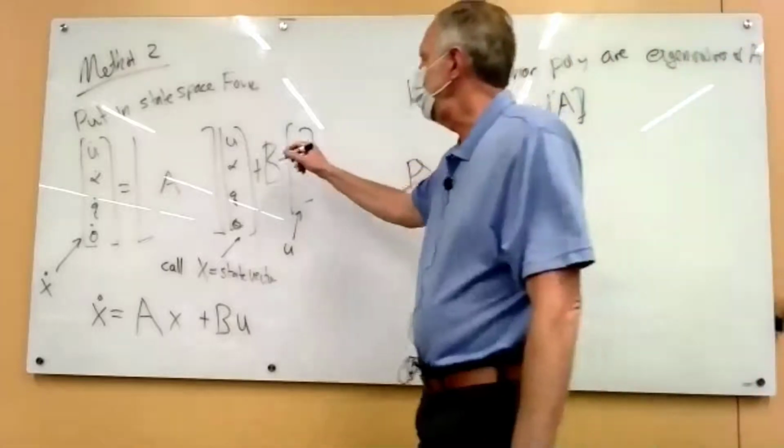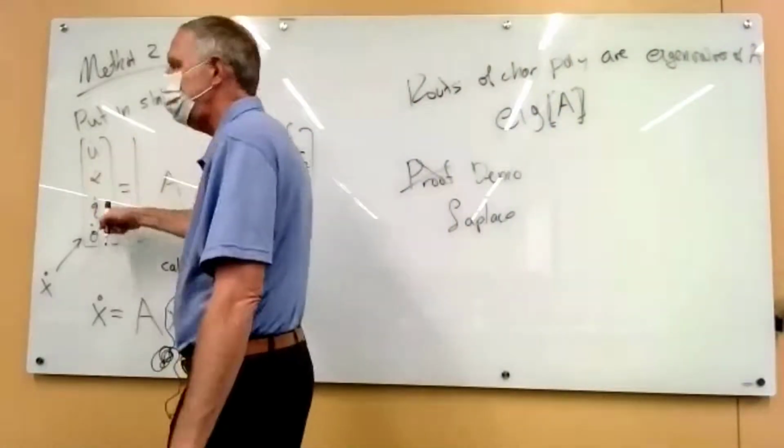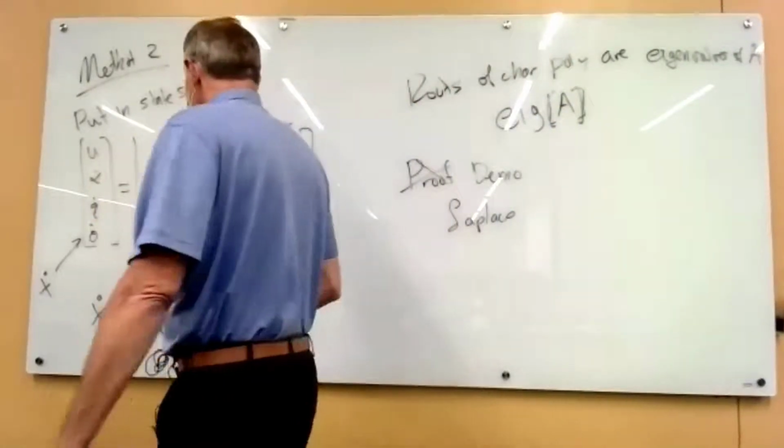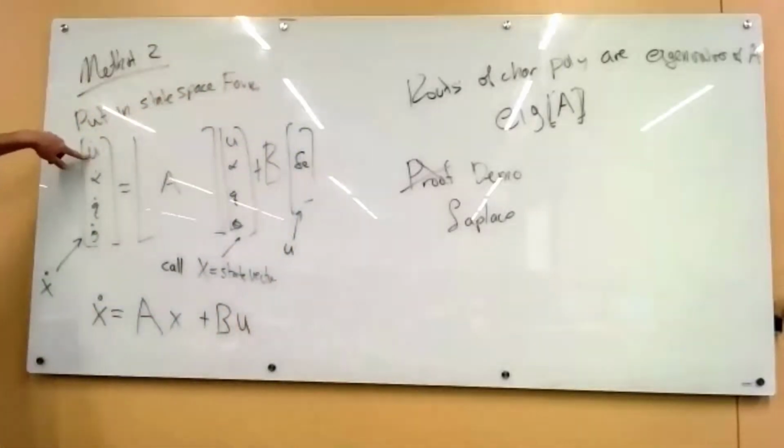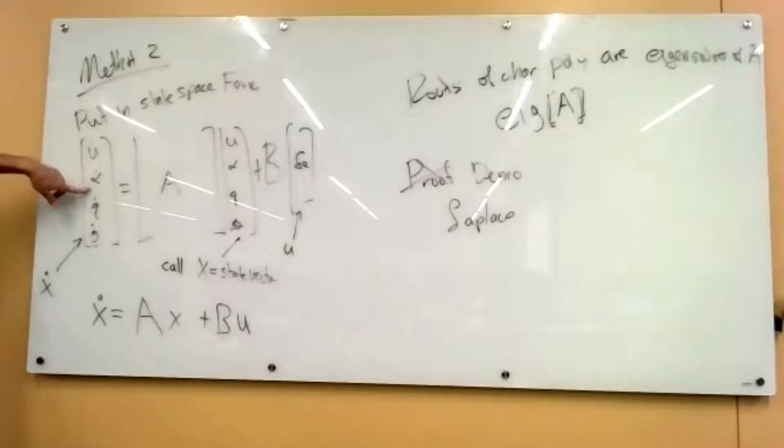It's differential equations. Just like we did before, we can Laplace each of these equations. So the Laplace of u dot is s times u, right? The Laplace of alpha dot is s times alpha of s. Same for these. And so it's just s times x of s.